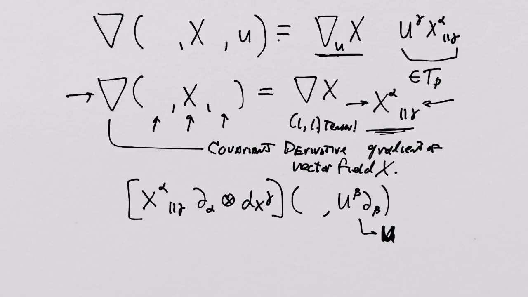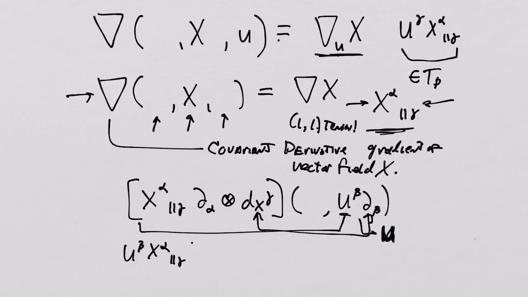So once you do that feed, now this covector is going to eat that thing, and you pull out the u^β because it's linear, so you pull out the u up front, and you would get u^β x^α_γ ∂_α, and then you're left with dx^γ(∂_β).